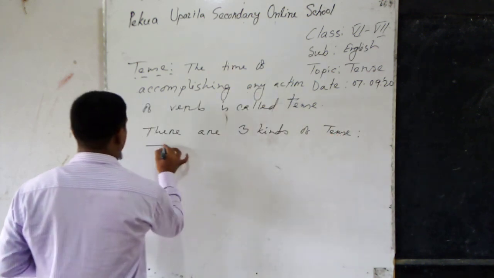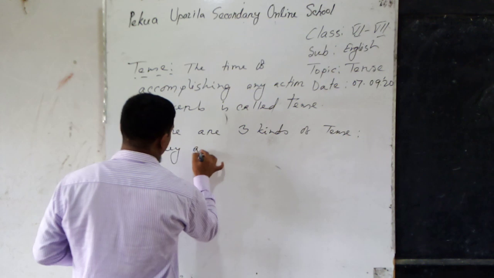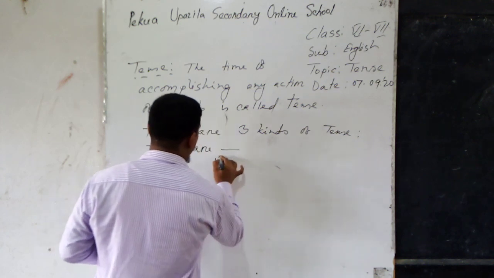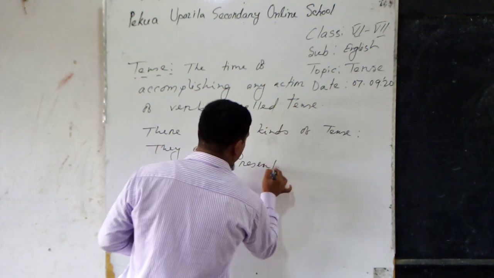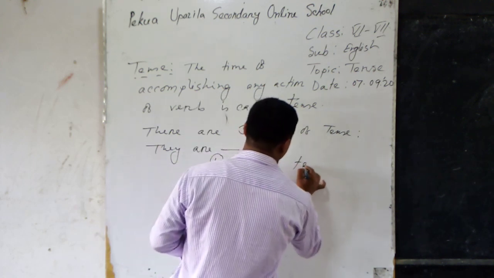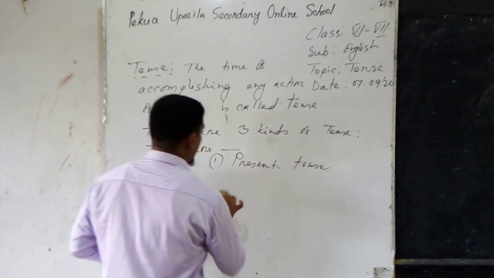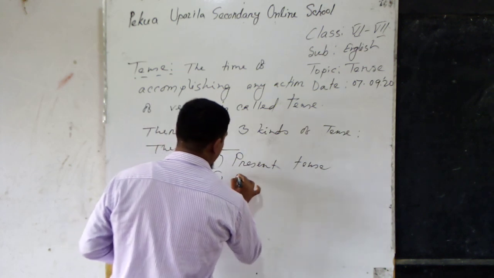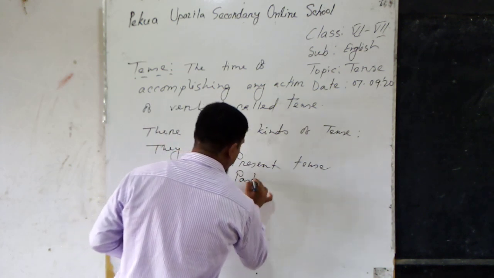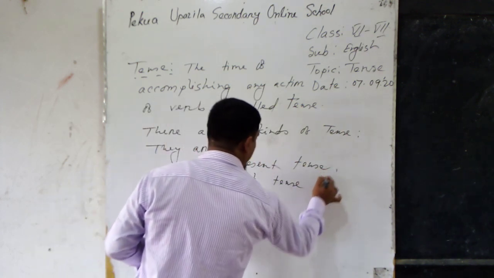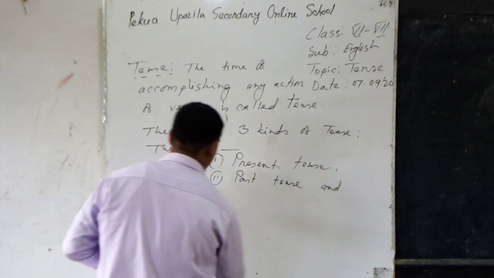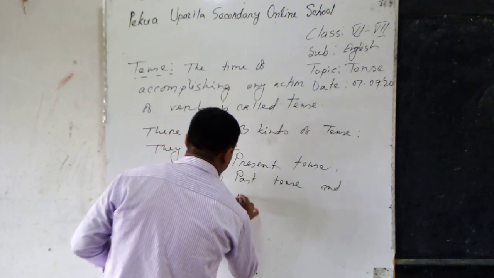They are: number 1, present tense; number 2, past tense; and number 3, future tense.